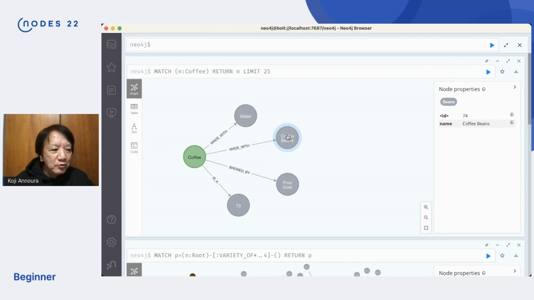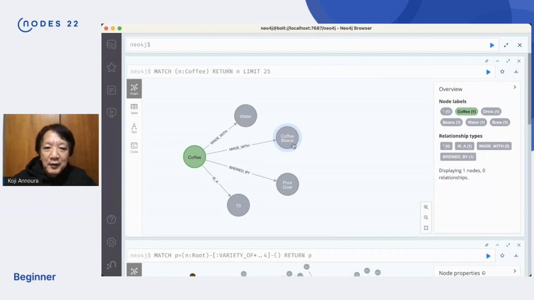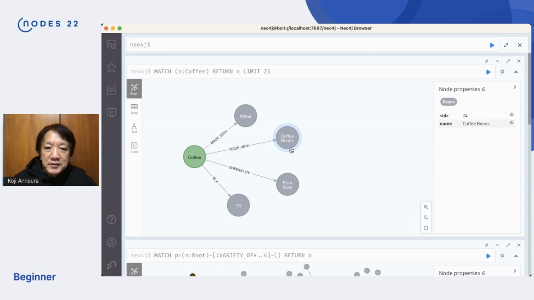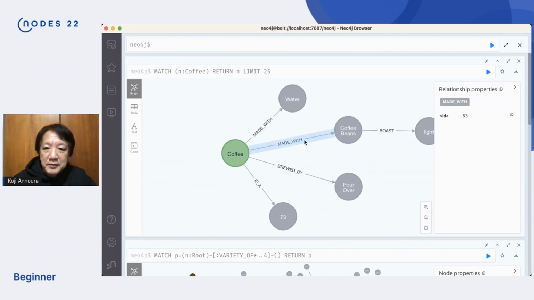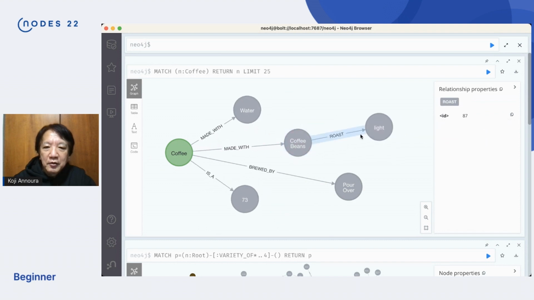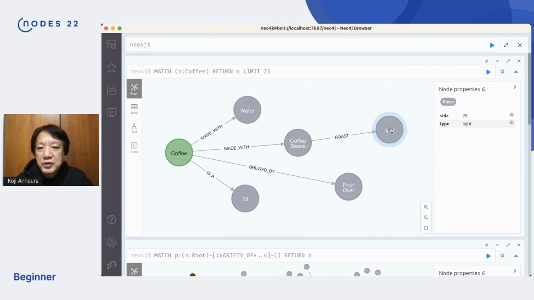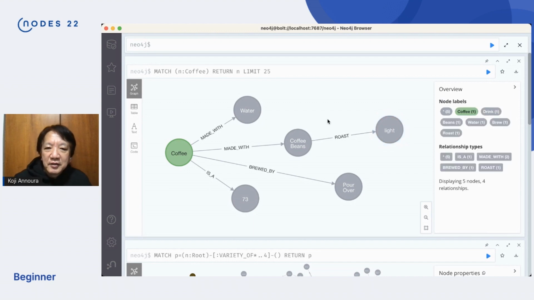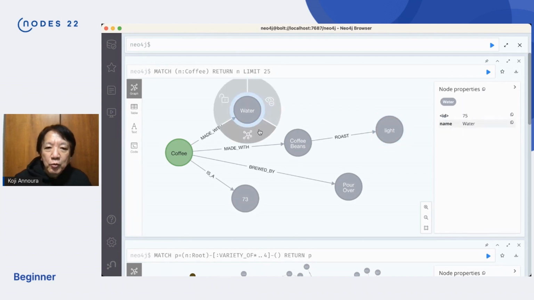What do you like? French press or something? It is made with coffee beans. Then I chose the roast type: light, medium, or dark. And water.